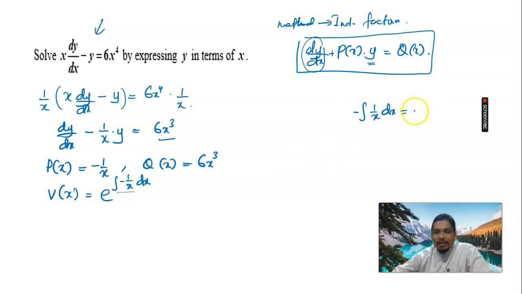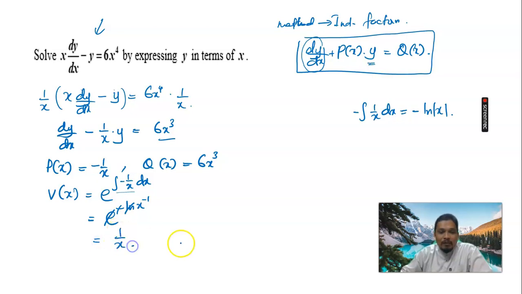The integral of negative 1 over x dx equals negative natural log of x. So e to the power of negative natural log of x: bring the negative as a power of x, and e and natural log cancel each other. So v(x) is 1 over x.